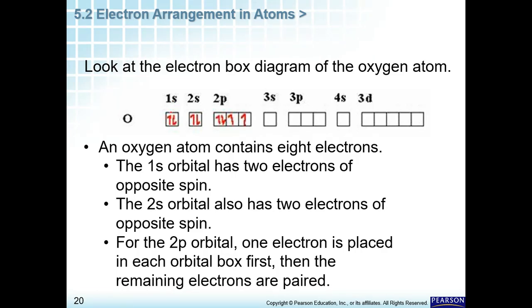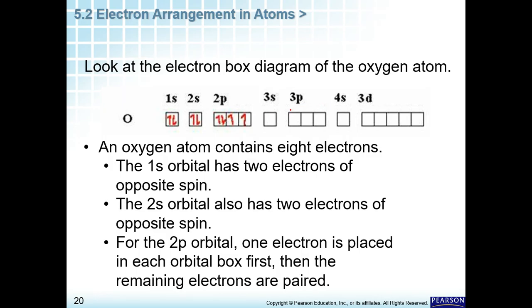My 1s is going to get an up and a down because there's only one box. My 2s is going to have one up and one down because there's only a single box here. However, for a 2p, there are 3 boxes. Each of these 3 boxes have the same energy. They all have a 2p energy level. So you have to put an arrow up in each box first, and then you are allowed to pair down.